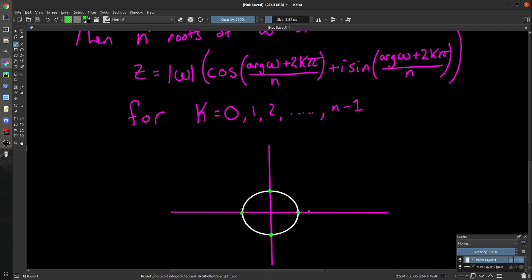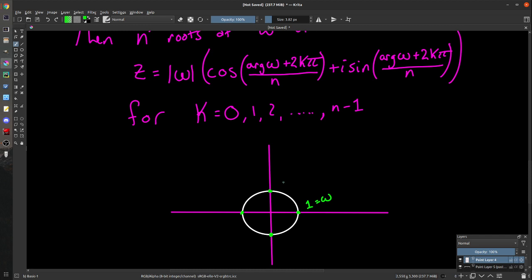The modulus here will be 1 since we're on the circle, and the argument of 1 is 0, since there's no angle up from the real axis. It's on the real axis.